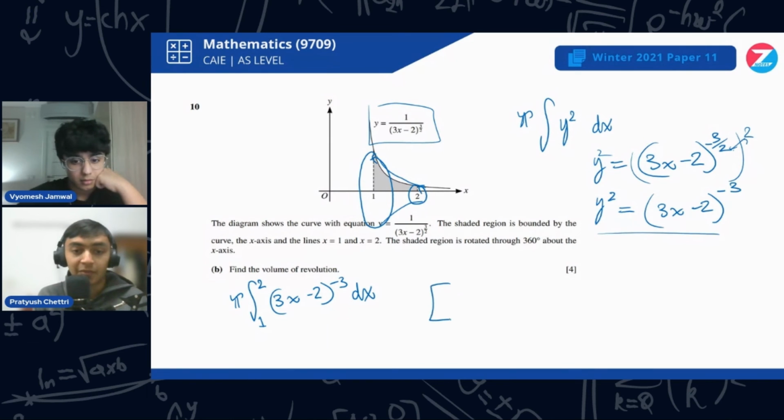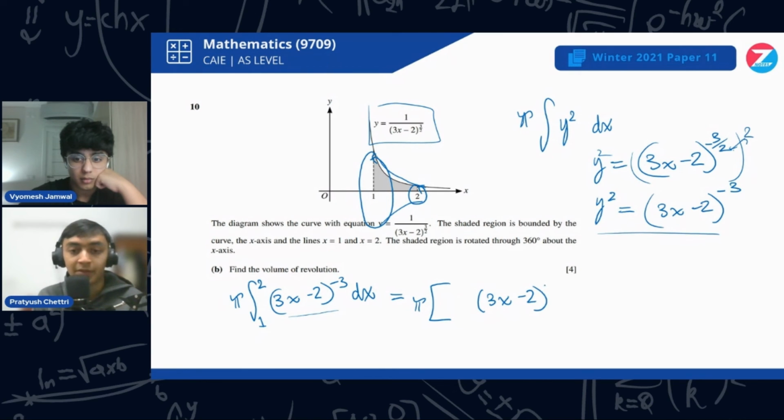And this will give me pi outside. 3 by 2x squared minus 2x. No, what am I doing? There's a power. Wait, so this is a bracket: 3x minus 2 to the power minus 3.